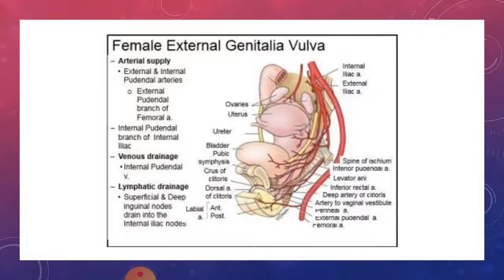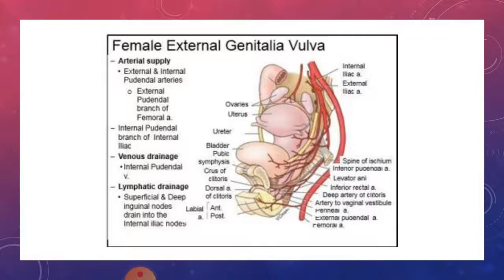Next we will talk about the blood supply, lymph drainage and the nerve supply of the female external genitalia. And you already know about the internal and external iliac arteries.